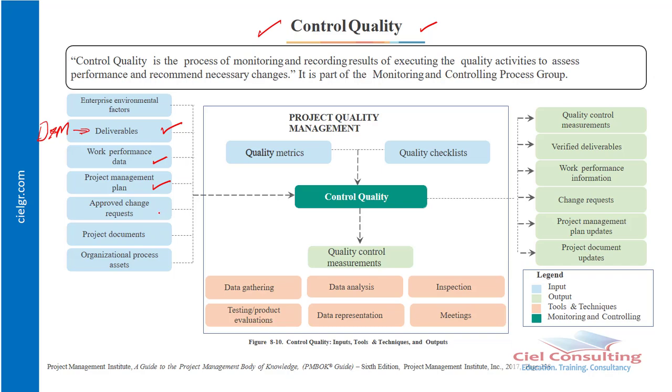And then also we have what we refer to as approved change request. Approved change request simply refers to changes that have been requested and actually approved after they've gone through the perform integrated change control process. They also form input in the control quality process because you use them to determine how well the change has been implemented and whether we have met the quality expectations that the change is expected to deliver.